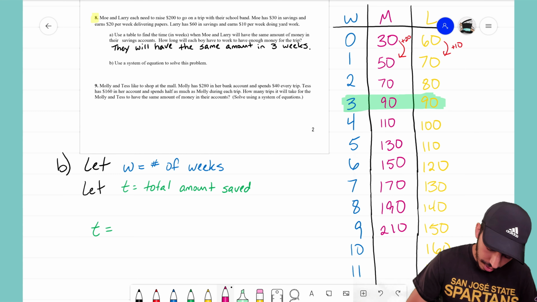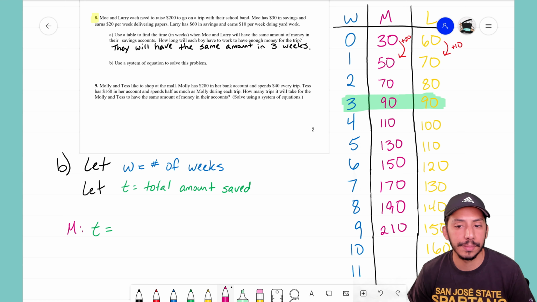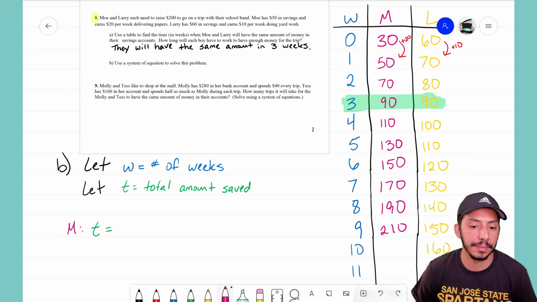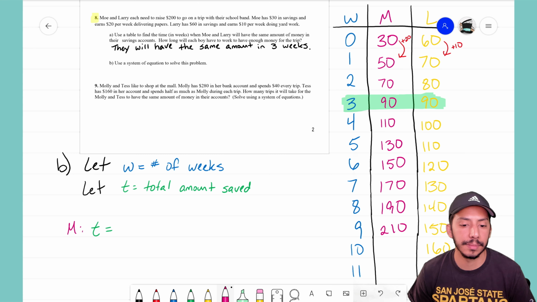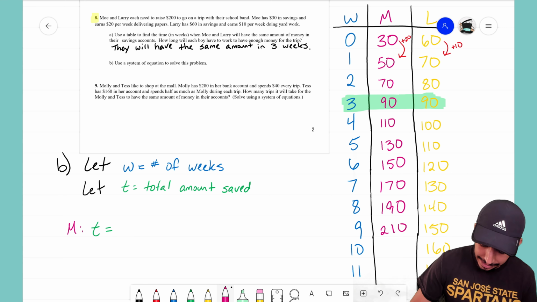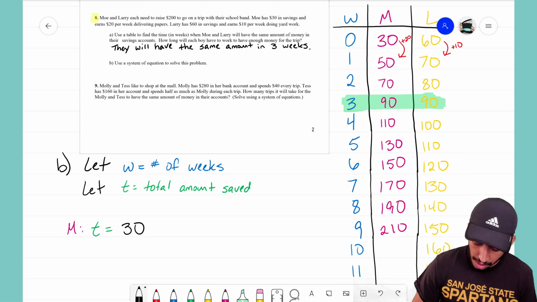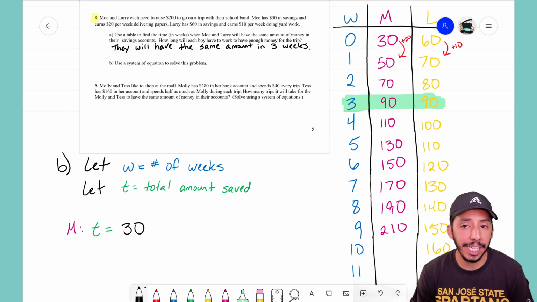How much money is he starting off with in week 0? Yeah, thank you. He starts off with $30. So I'm going to write here that T equals $30. And then how is it changing?